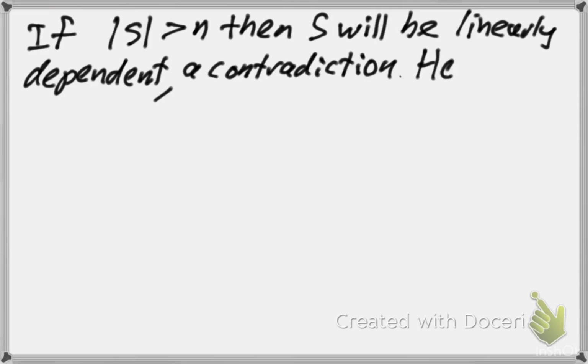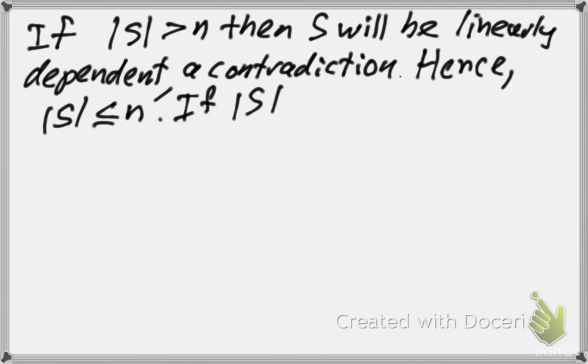All right, so we may assume that S is definitely at most n. So S contains at most n linearly independent vectors. Okay, now what happens if S has n vectors? If S has n vectors, we know theorem 4.5.4 says that if we have an n-dimensional vector space, then if you select n vectors from that vector space and it's linearly independent, then it's a basis.